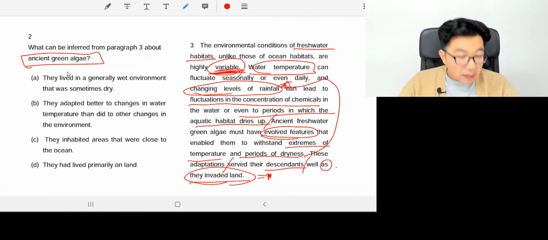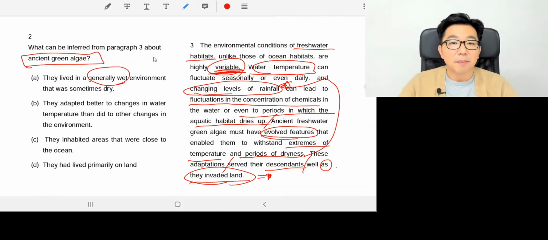Yeah. A, they lived in a generally wet environment that was sometimes dry. Obviously it's freshwater, so generally wet, but because it's so varied, it says periods of dryness. So it's not dry all the time.